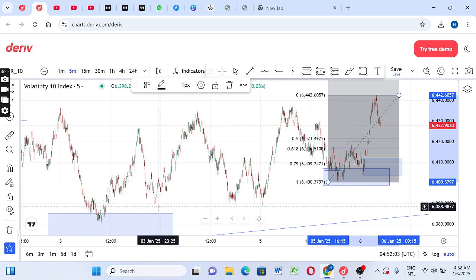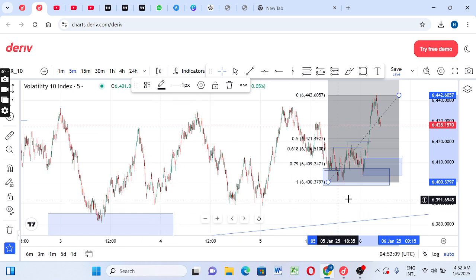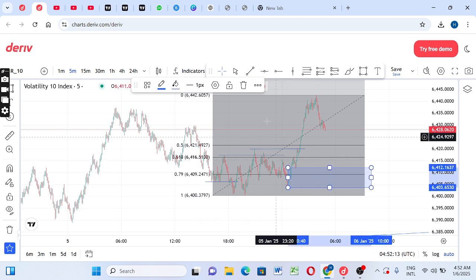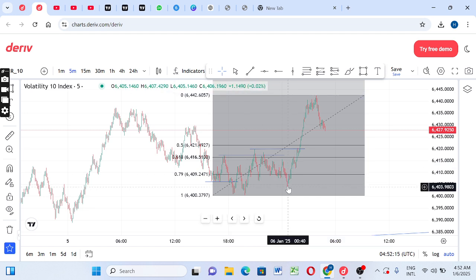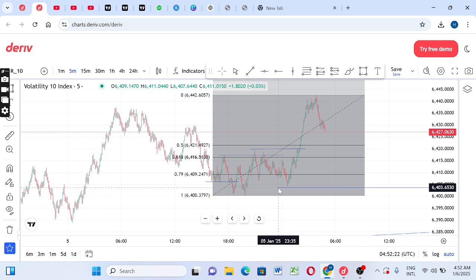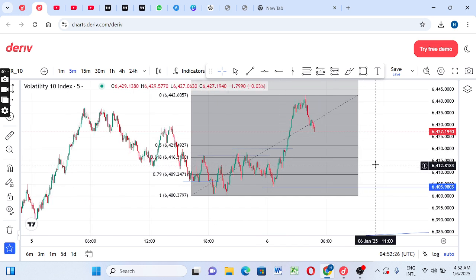From what it has done before, it came down very well and even tapped on the low here, so it could still repeat that, coming to tap from this low.